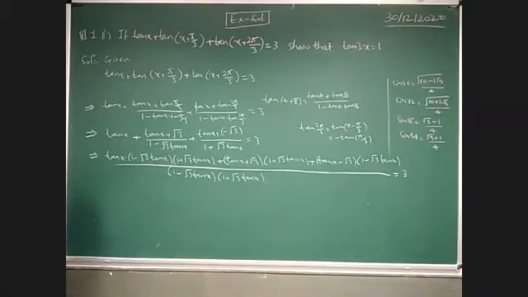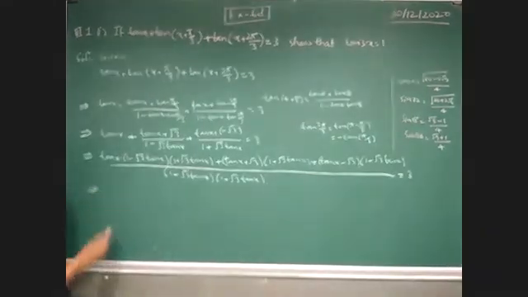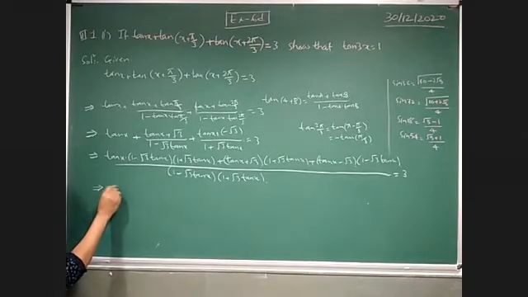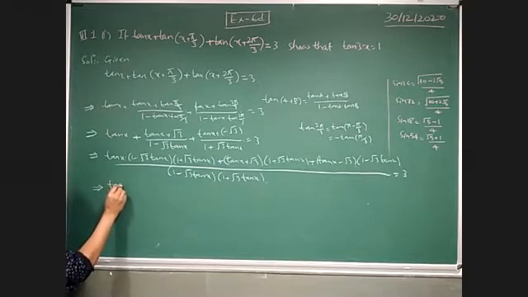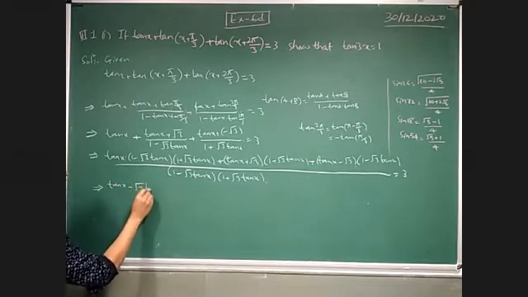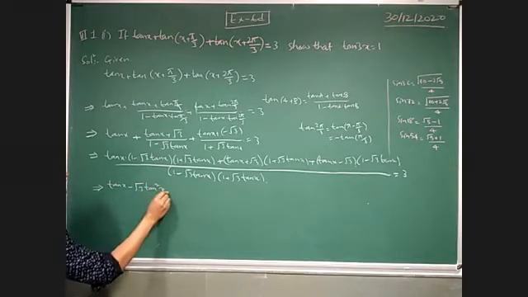Okay, so after multiplying, you are going to get, first of all, tan x minus root 3 tan square x.